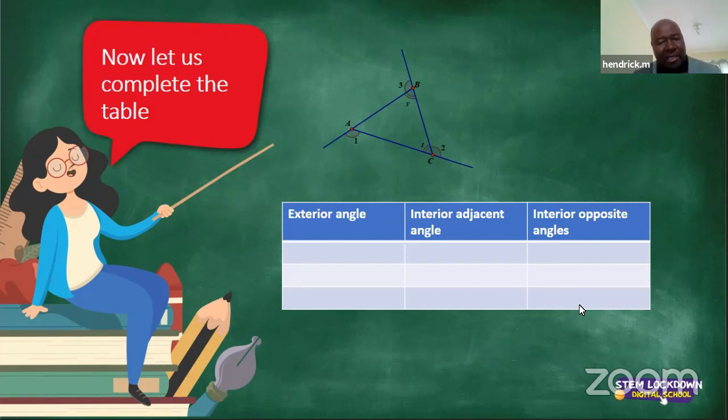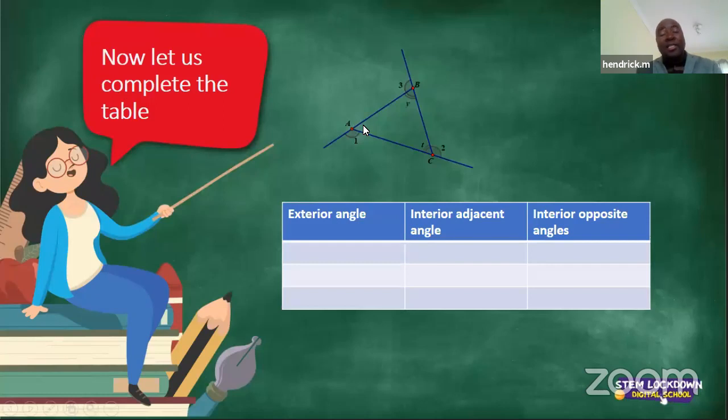Let me give you an example. Let's say that you mention A1 as an exterior angle. What will be the interior adjacent angle to A1? That will be angle BAC, this angle here, which is next to A1.